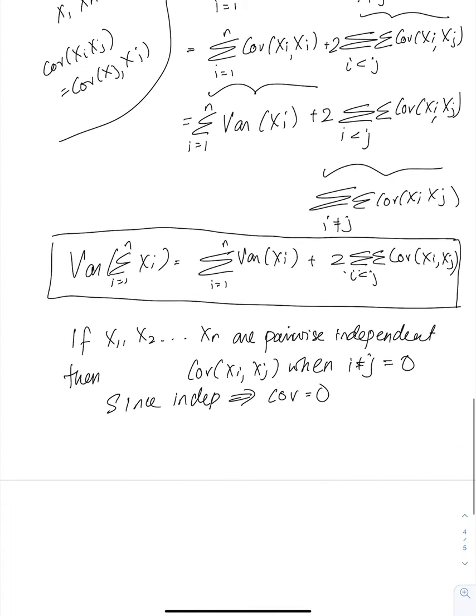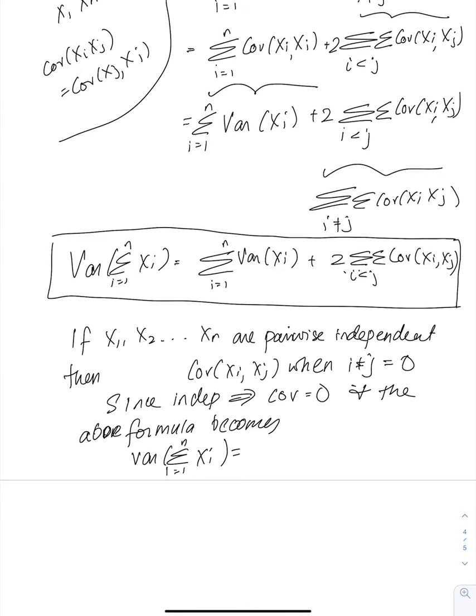okay, so then this covariance will be equal to 0 since independence implies covariance is 0. Then what do you have? If they're pairwise independent, then the above formula becomes: the variance of a sum is the sum of variances.